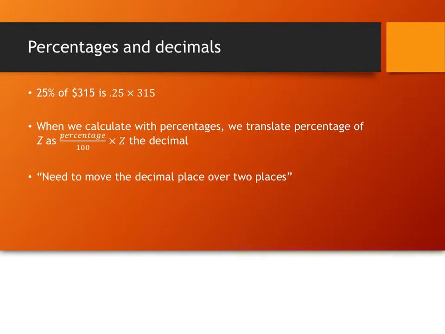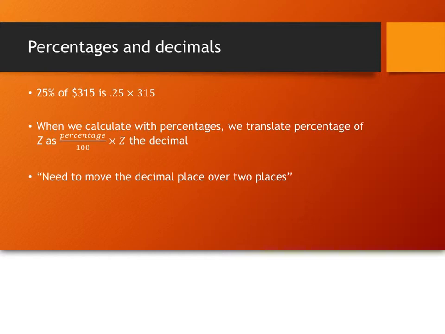So in general, that's what you're going to do. You're going to translate your percentage over 100, and most of the time, for this class, I'm going to put it in a decimal point. And you're going to multiply it times whatever amount you have. Now, this amount, I want to be clear on this, is the original price in this case.